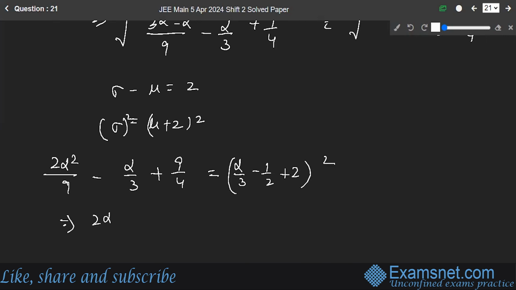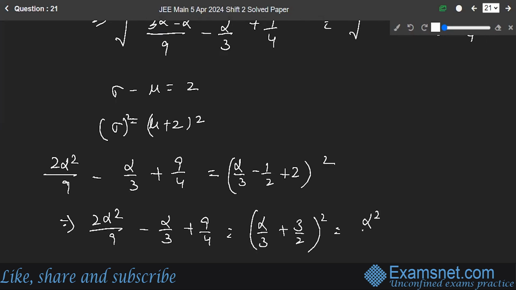This gives me 2 alpha square upon 9 minus alpha upon 3 plus 9 by 4 is equal to alpha upon 3 plus 3 by 2 whole square. This is equal to alpha square by 9 plus 9 by 4 plus alpha.